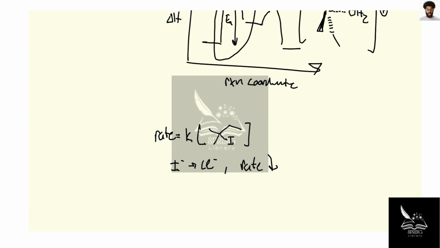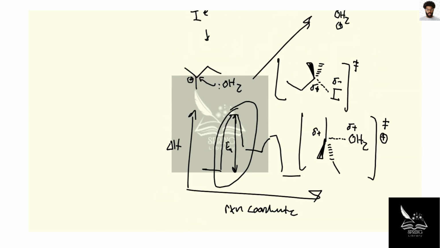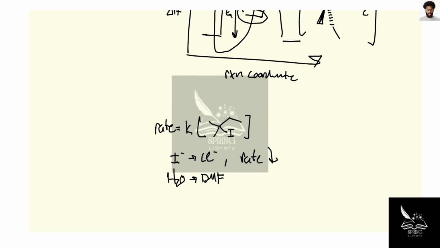What if the solvent is changed from H2O to DMF? Okay, so H2O is capable of hydrogen bonding. DMF is polar but aprotic. Carbocations, which is related to the height of this intermediate as well as this transition state, are stabilized by polar protic solvents, right?